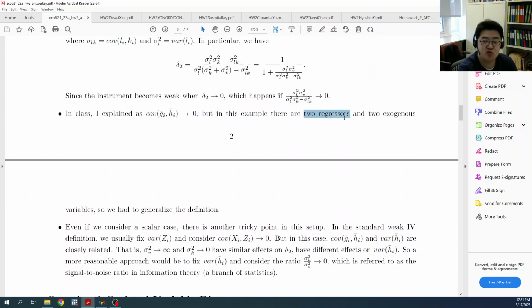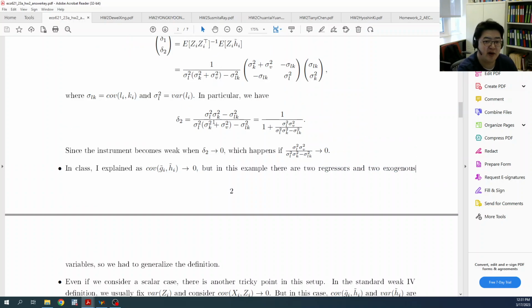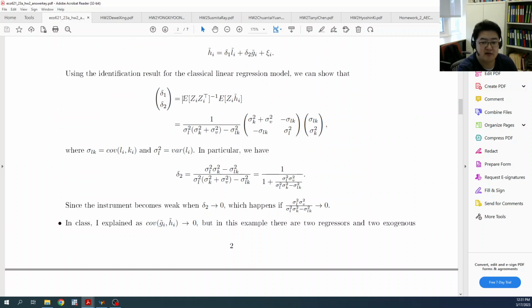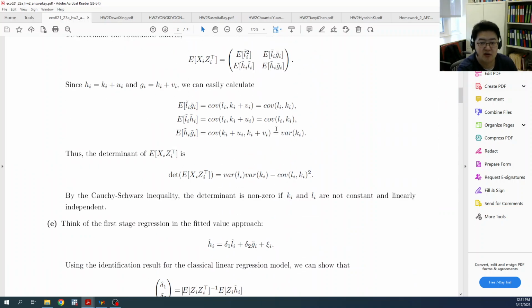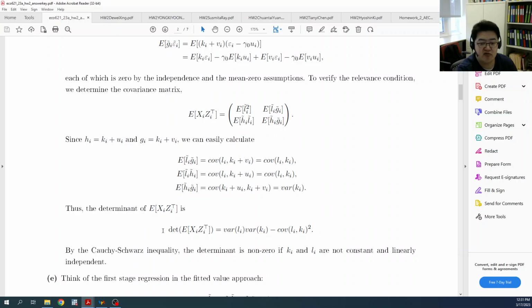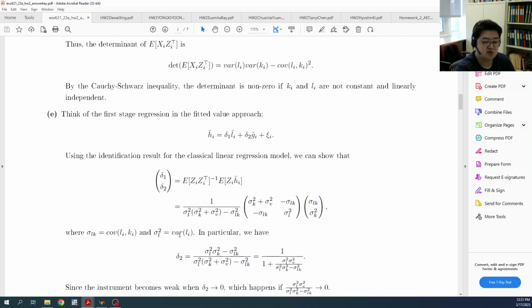First, because there is a 2x2 case, you have to think about a 2x2 matrix, not this one. So you have to think about this determinant close to 0. That's the first thing. When there is only one endogenous variable and one instrument, this is covariance. But in general, in the 2x2 case, you have to think about the determinant close to 0.